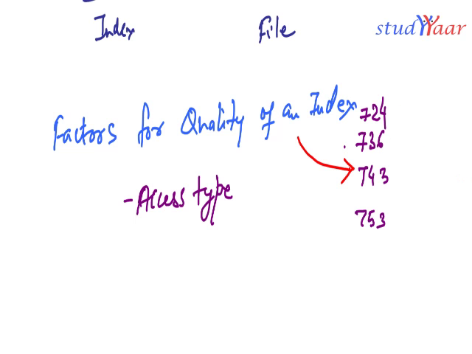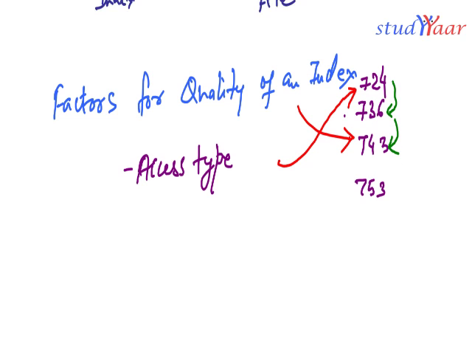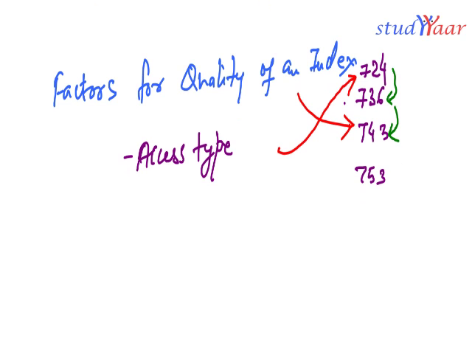Now in another type of index, it can be possible that I need 743 but it takes me to 724, and from there I have to go to 736 and 743, finally reaching my desired record. So that is about access type.